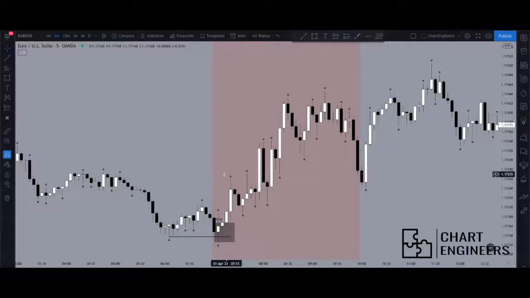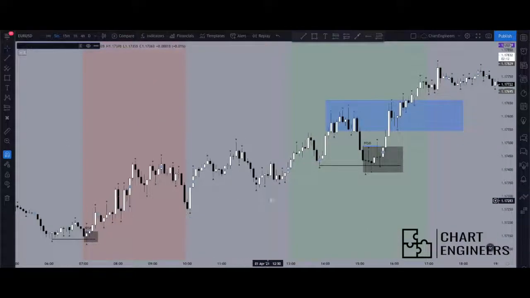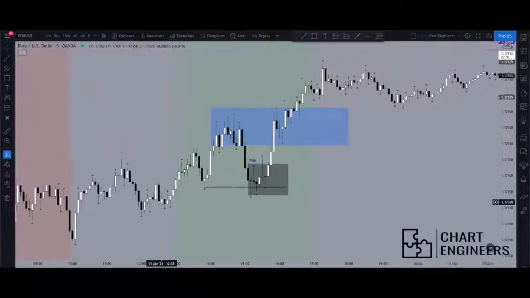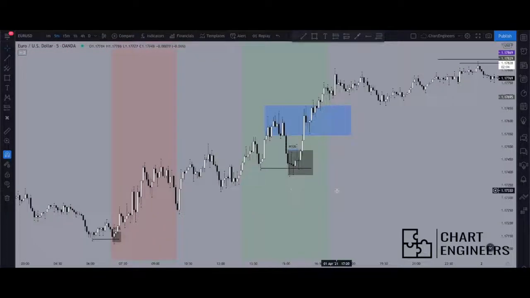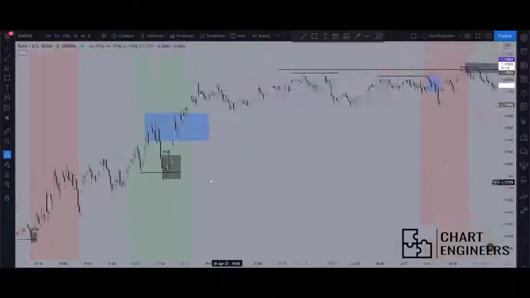On the Thursday we had our raid, structure break, and then our +3 again, so that's 14 R for the week so far. And then again another win over here, which does 3 R as well, so now you're up 17 R for the week.